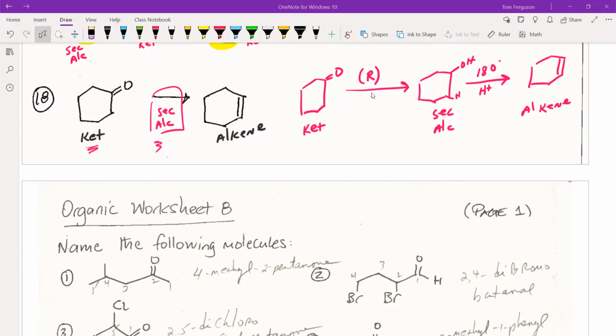Because if we were to draw it with carbons, there's no way to put an H in there. Remember, aldehydes are always on the end. So you can't have a cyclic aldehyde because there's no end to the cyclic part. The only way to have an aldehyde as a cyclic would be to have a carbon coming off of here. Okay, thank you. That makes sense? Yeah, it makes sense. Thank you. Sure.